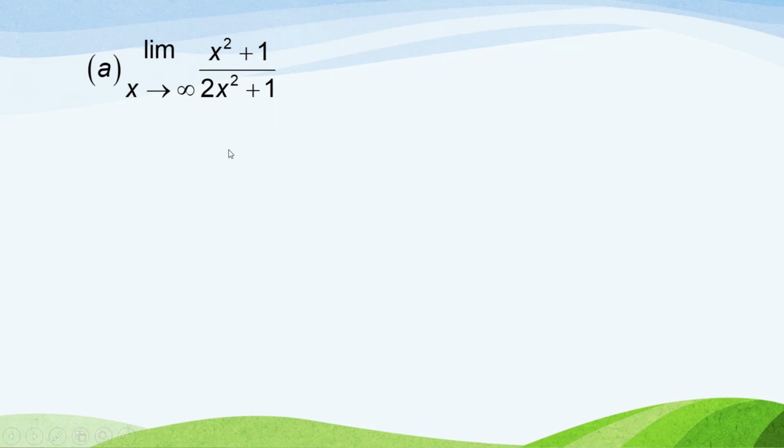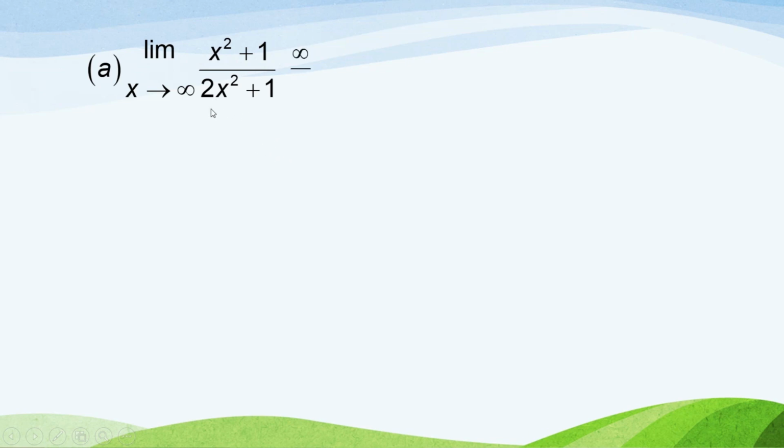For question A, the limit of (x squared plus 1) over (2x squared plus 1) when x approaches infinity. When we substitute infinity in the numerator, we get infinity squared plus 1, and the answer is infinity.